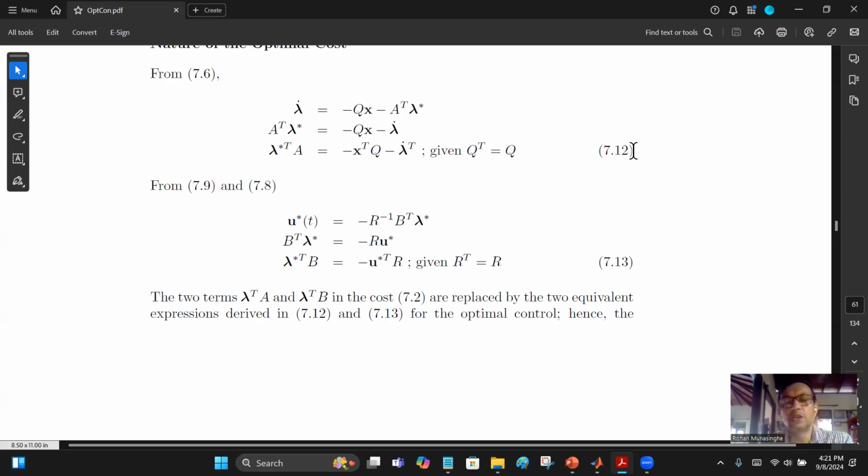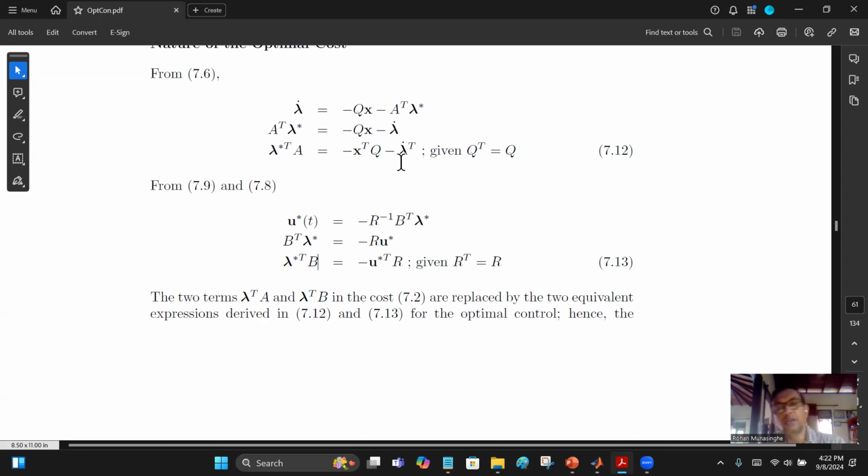So you have 7.12 and 7.13. So the two terms lambda transpose A and lambda transpose B. Here you have lambda transpose A. Here you have lambda transpose B. In the cost 7.2 are replaced by the two equivalent expressions derived in 7.12 and 7.13.